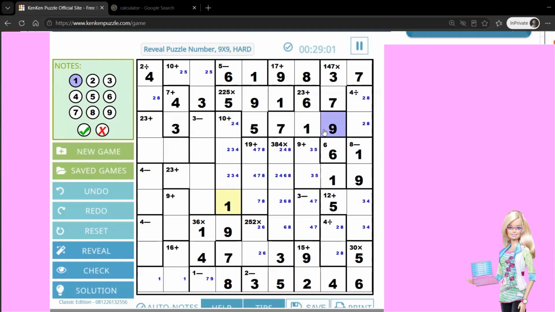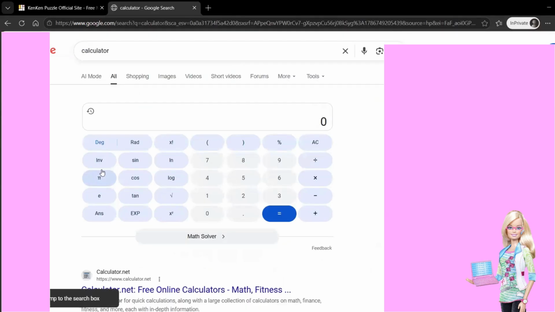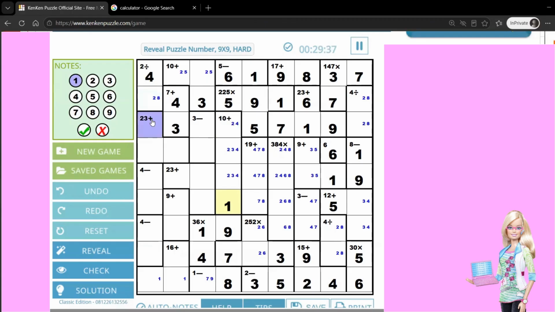What else is missing from here? Is it a 6? We can't rule out six from there because this could be a nine. We can't rule out six from there, I don't think. It's 23 minus six. That could be six, eight, nine.